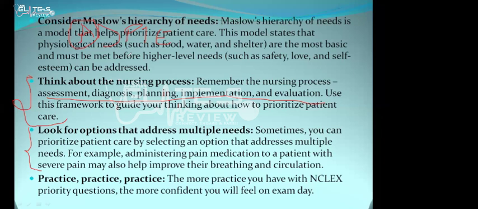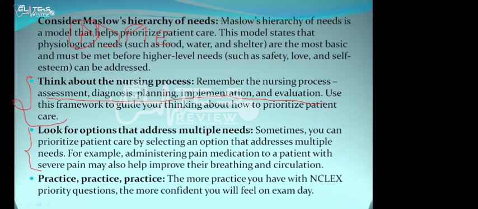That is it. So you see, when we say look for options that address multiple needs, the patient, according to the scenario I cited, complained of chest pain, and there was also respiratory distress or dyspnea.